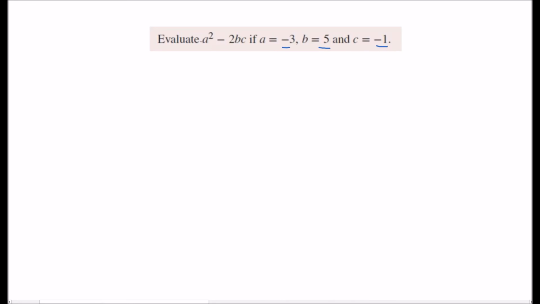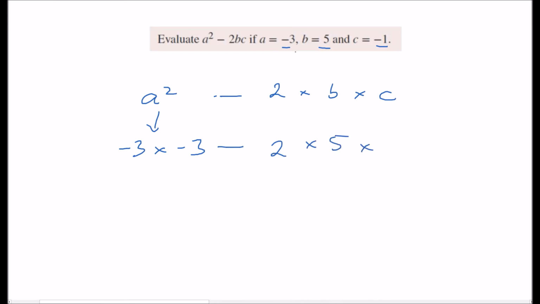So a squared is going to be negative 3 times negative 3, take away 2bc, so 2 times b, which is 5, times c, which is negative 1.